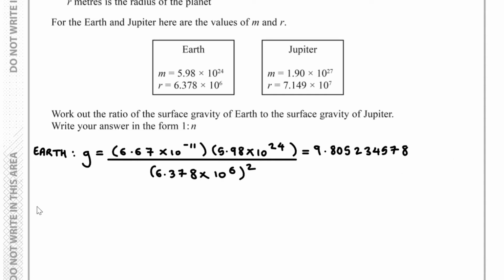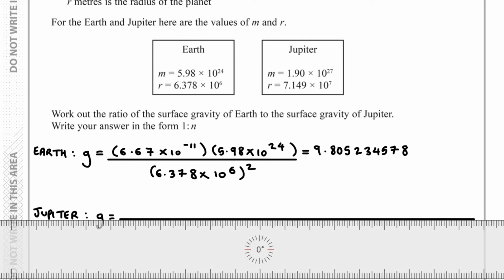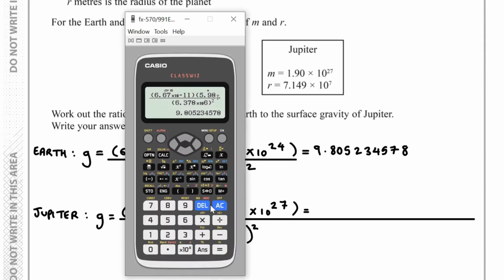Now we need to work out the value of G for Jupiter. So for Jupiter, G is equal to 6.67 times 10 to the minus 11 multiplied by 1.90 times 10 to the 27 over 7.149 times 10 to the 7 squared. So let's work this out.